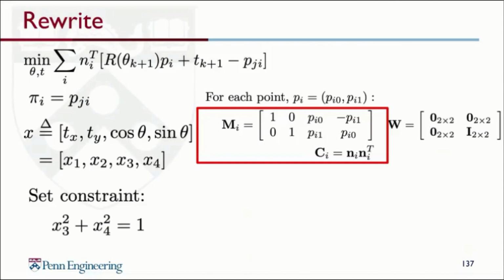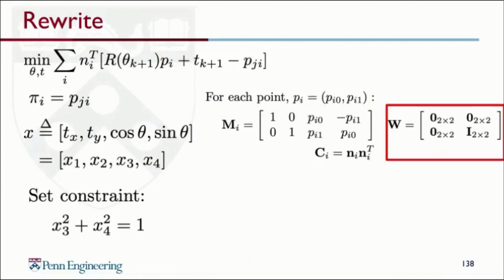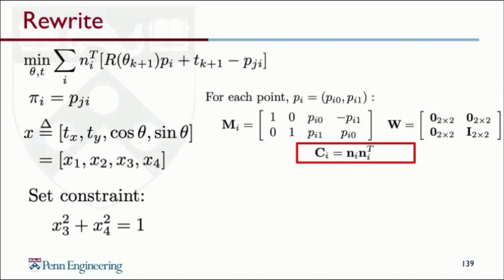In addition, for each point pi, we define the matrix M_i as such, and also the matrix W, and similarly the matrix C_i.